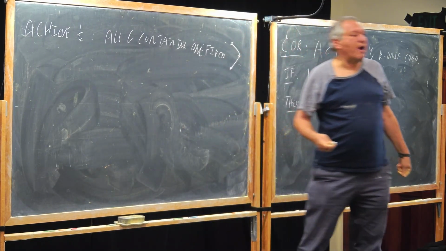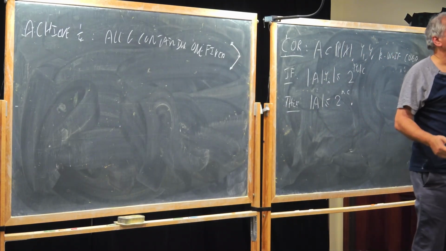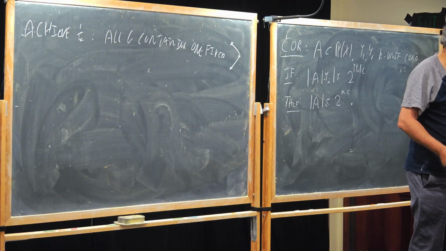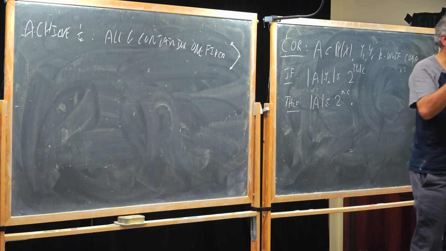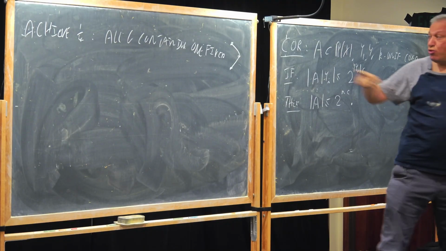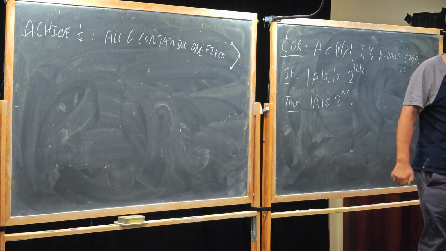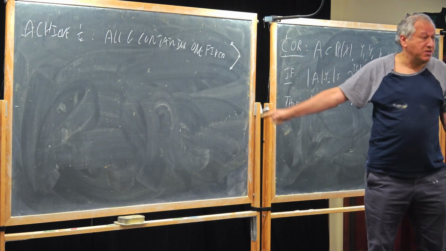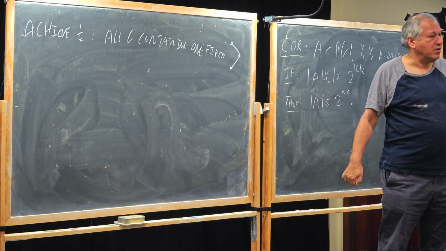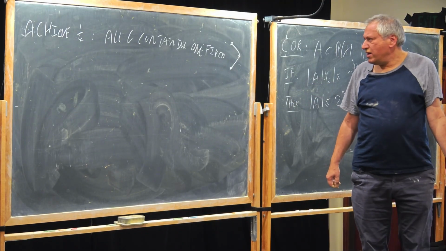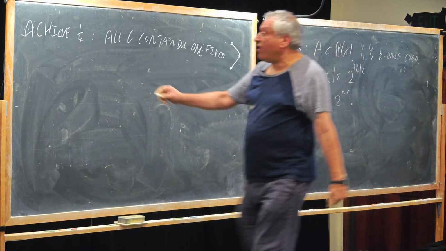Okay, so if my graph is on vertices 1 up to n, I'm saying take all graphs that contain the edge 1,2 and the edge 2,3. That's a quarter of all graphs, right? Because each edge is in or out, but you chose 2 edges. It's a quarter of all graphs, and it does achieve that the intersection contains a path of length 2. Okay, can you do better than that?